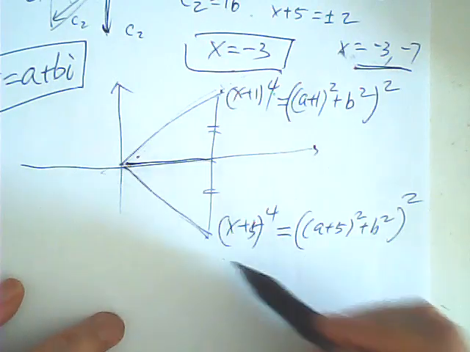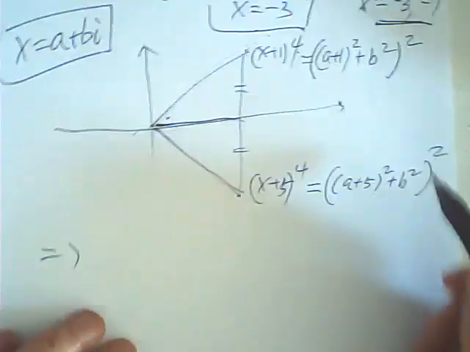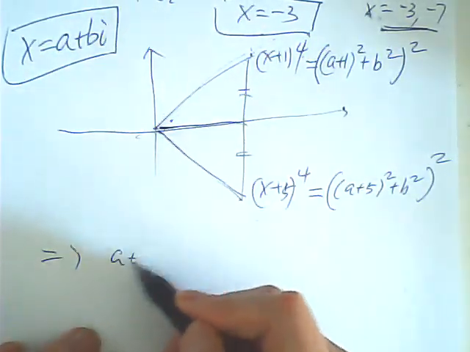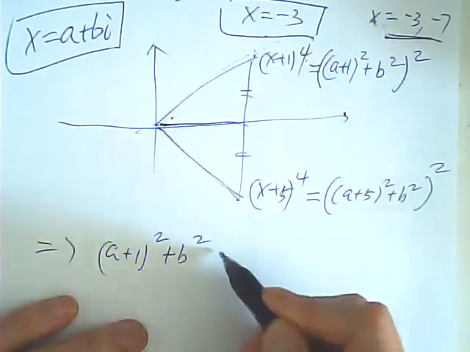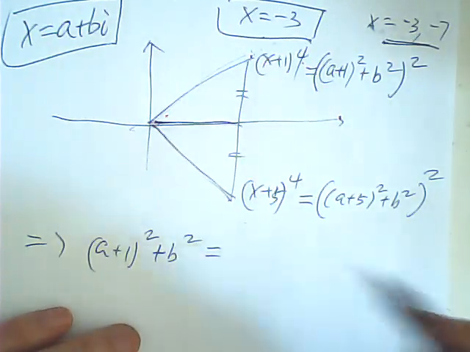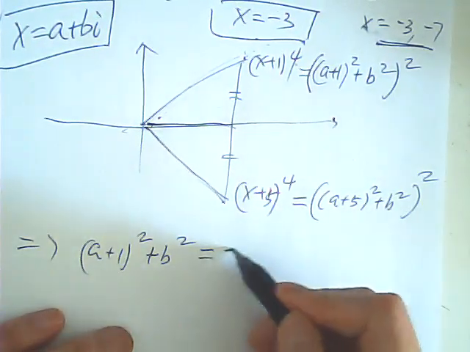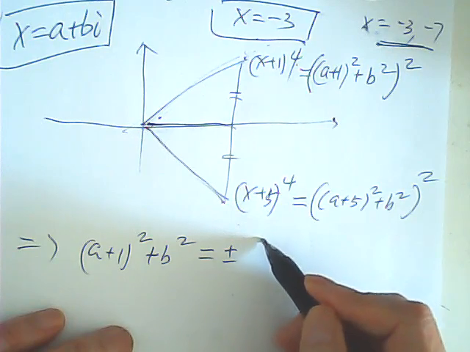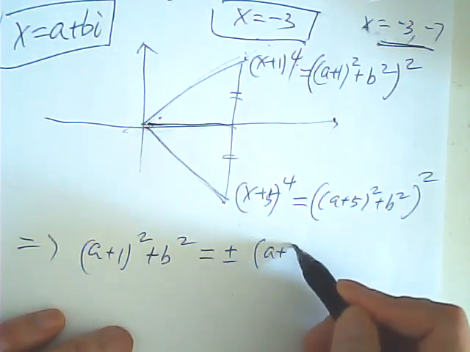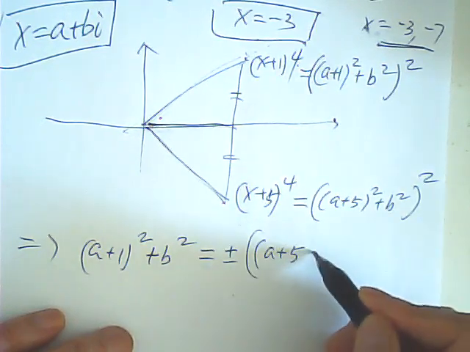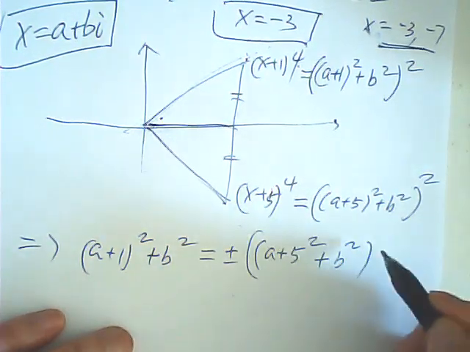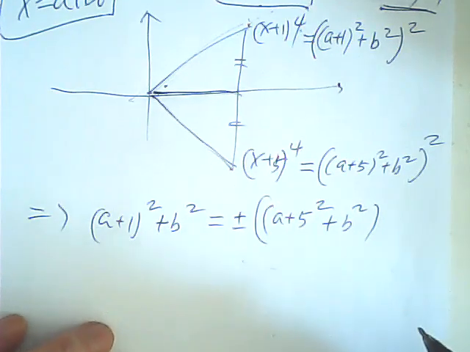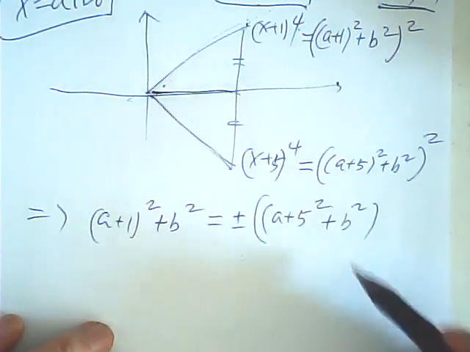If they are the same length, which means that a plus 1 squared plus b squared is equal to plus or minus, right? A plus 5 squared plus b squared. Yeah, this is equal to that, right?